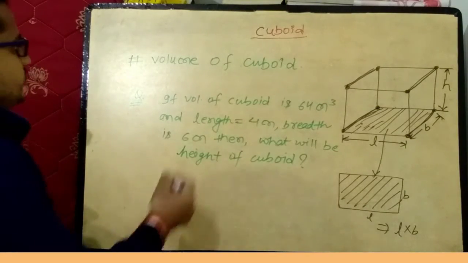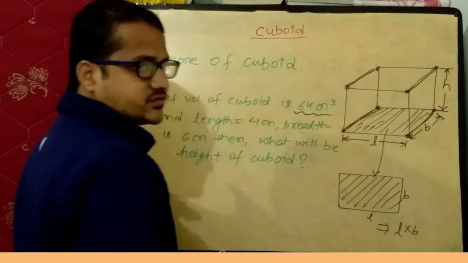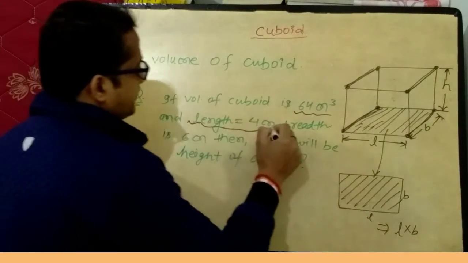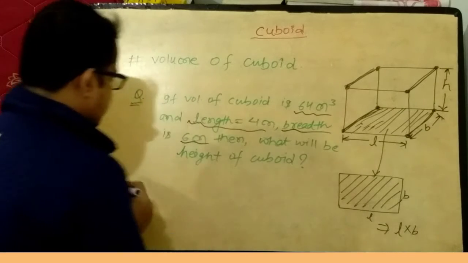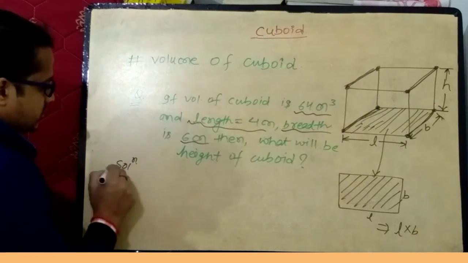So it is given that volume of cuboid is 64 meter cube, its length is 4 meter and breadth is 6 meter. So how will you solve it?